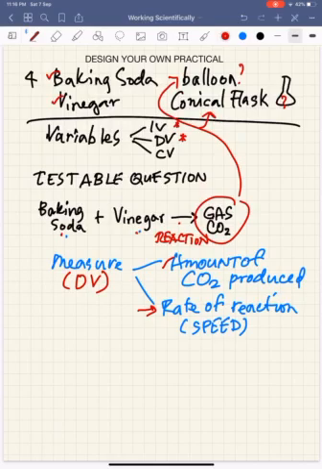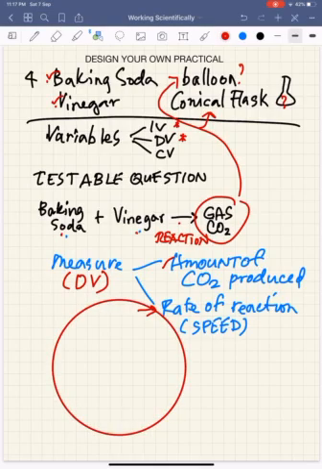Next, we have to look at our variables. As we said, we have baking soda, vinegar, balloon, and conical flask. Remember what we did before? We made a variable donut. And what was inside the variable donut?